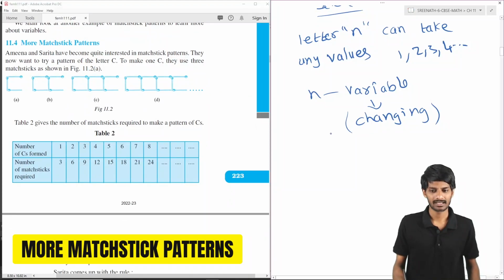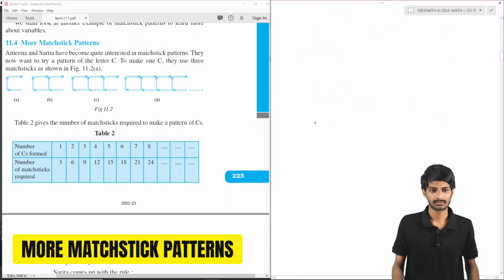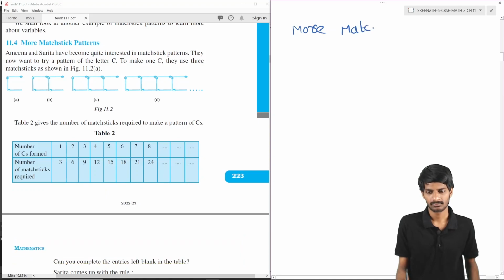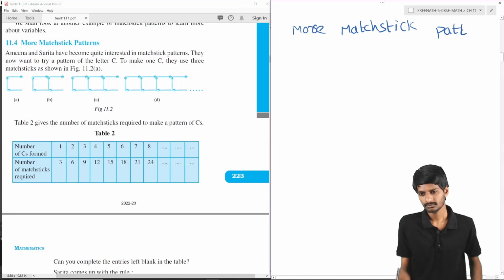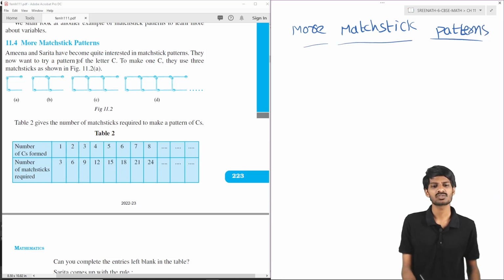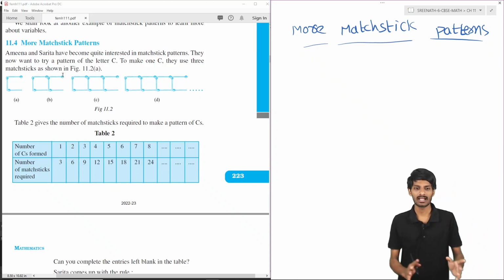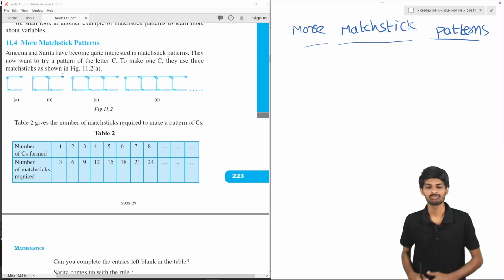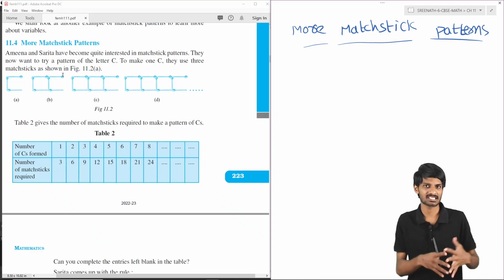More matchstick patterns. Okay, students. Next, Amina and Sarita have become quite interested in matchstick patterns.